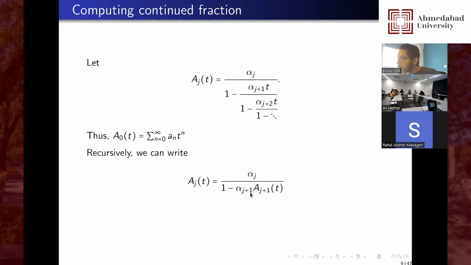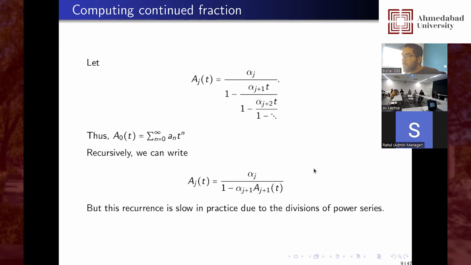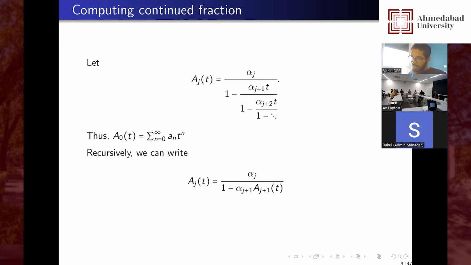I think there's an error here somewhere. The alpha j plus 1 should probably be inside the aj plus 1, and there should be a t outside. But the point is you can use this recurrence to extract the coefficients. You can teach this to a computer and ask it to compute more and more coefficients alpha j.